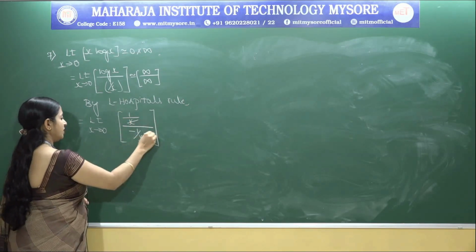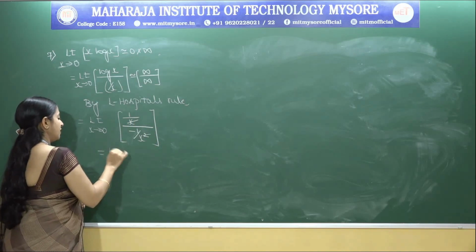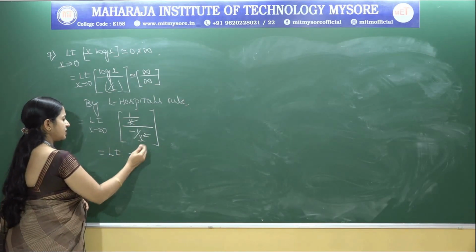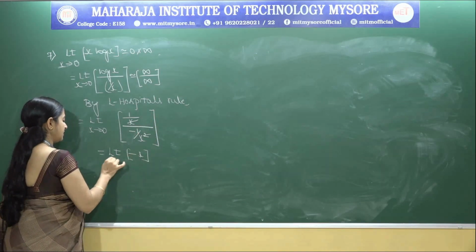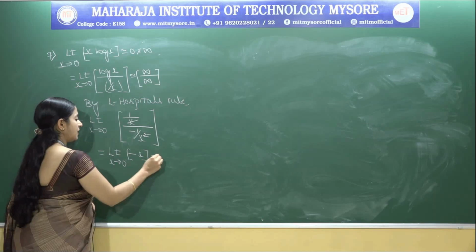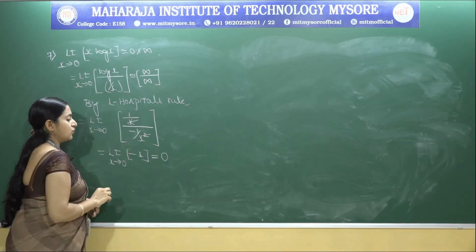Then cancel these two x, simplify this. Since you have the negative sign, take this to the numerator, you will get minus x as x tends to 0. If you apply the limit, you will get the answer as 0.